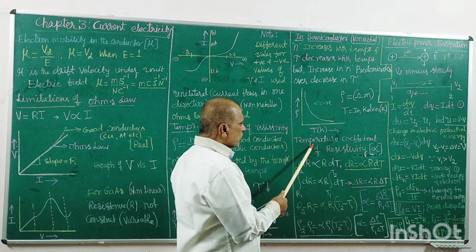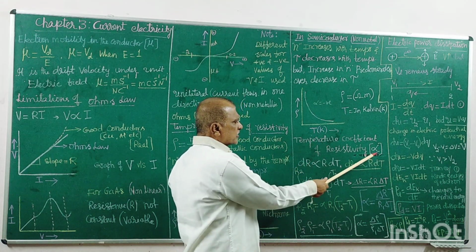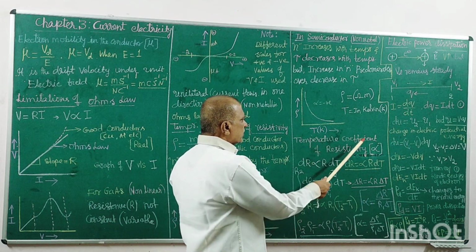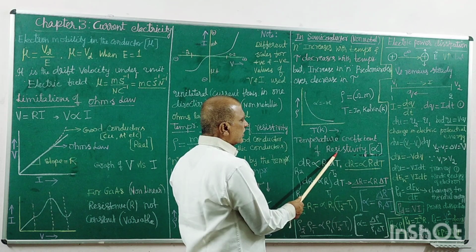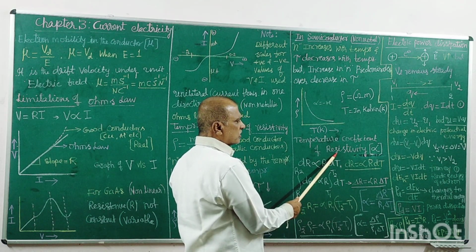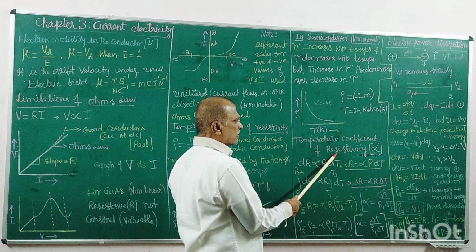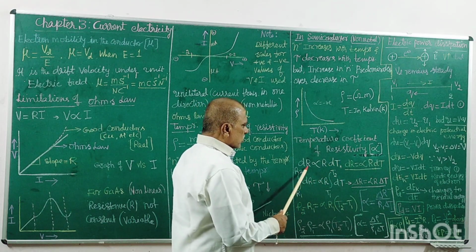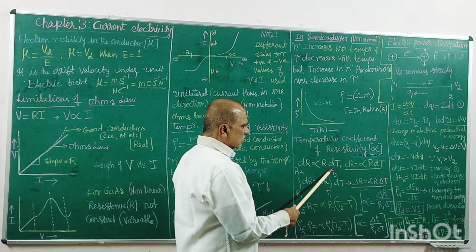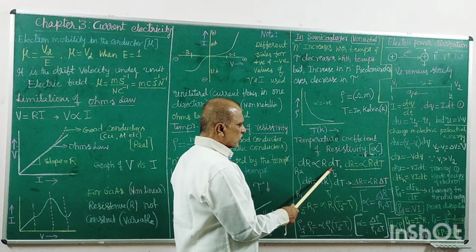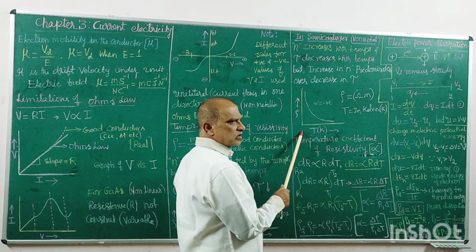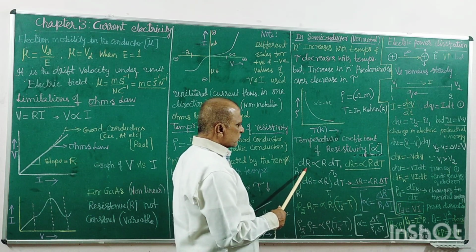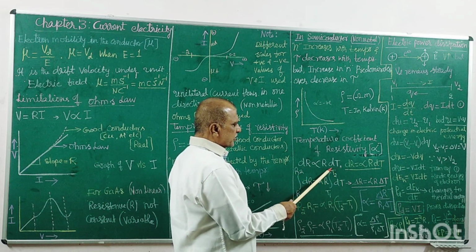And one more term you come across here is alpha. It is called the temperature coefficient of resistivity. You need to understand the definition of this term. This is the mathematical equation for any conductor: the resistance of a conductor varies with variation of temperature.